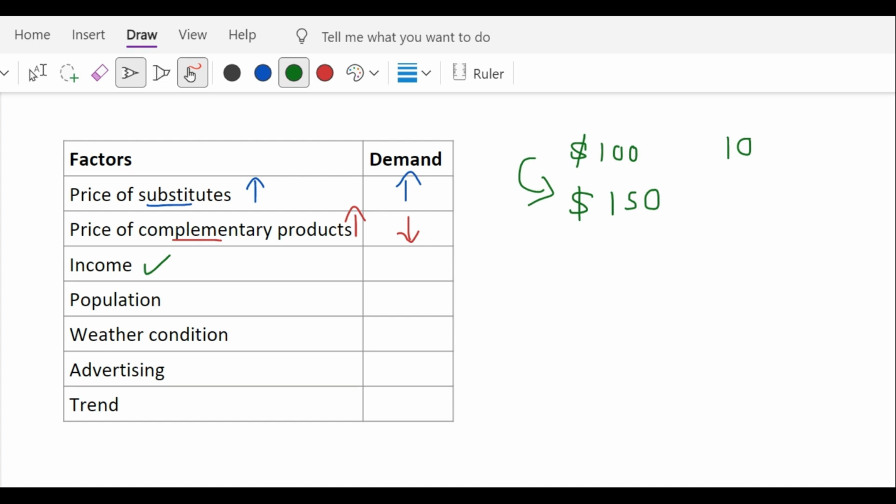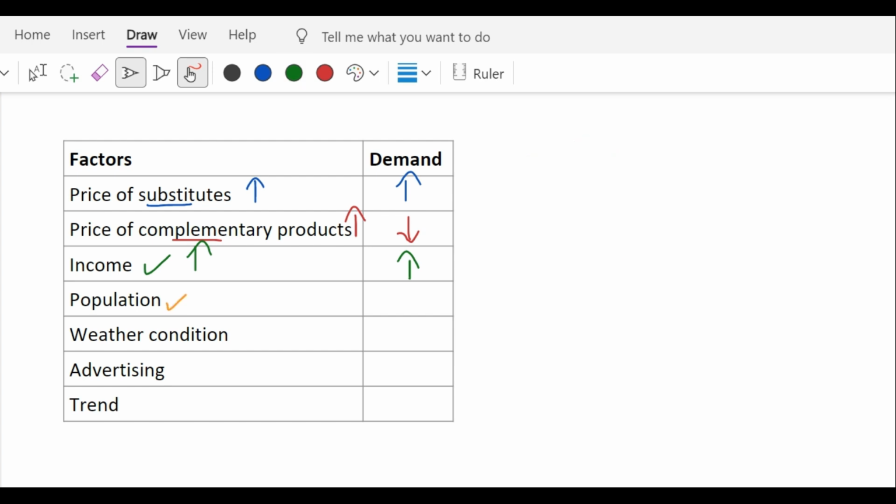So then the demand for noodles will increase, let's say 20. So an increase in income will lead to an increase in demand as well. What if my income decreases to 80? Then I can't buy as many noodle packets as I bought before, so the demand will decrease.